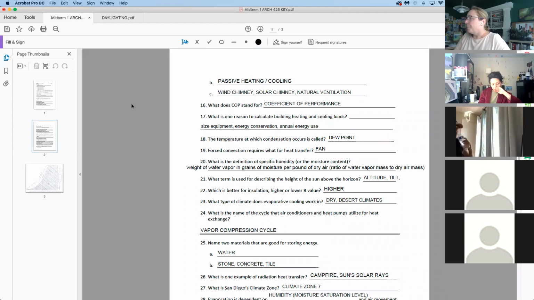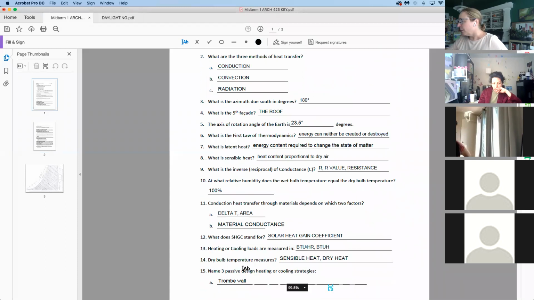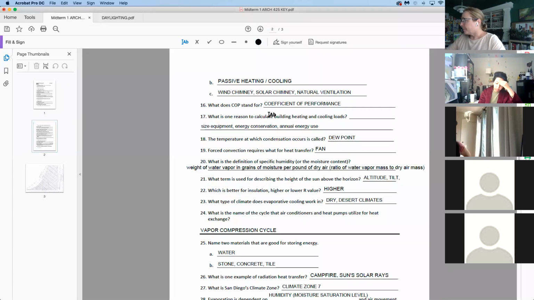But many of you also put down shading, insulation, some other location, building orientation, and that is actually correct, that those factors do affect passive heating and cooling. I wouldn't call them a strategy, but they definitely are important to the concept. So I took a lot of different answers for this. If anyone has any questions about this question, please let me know.